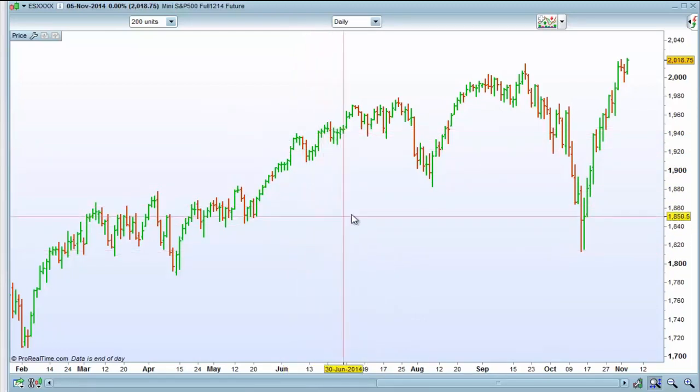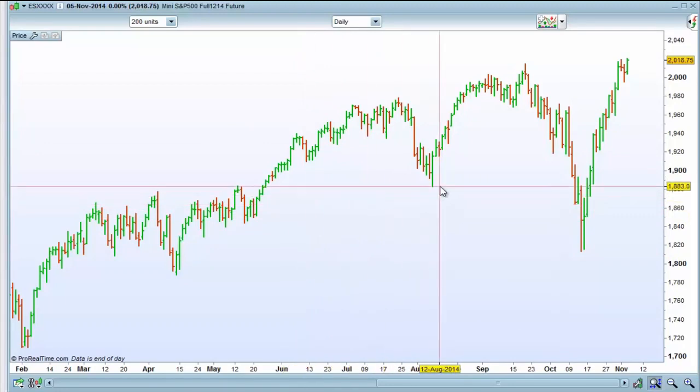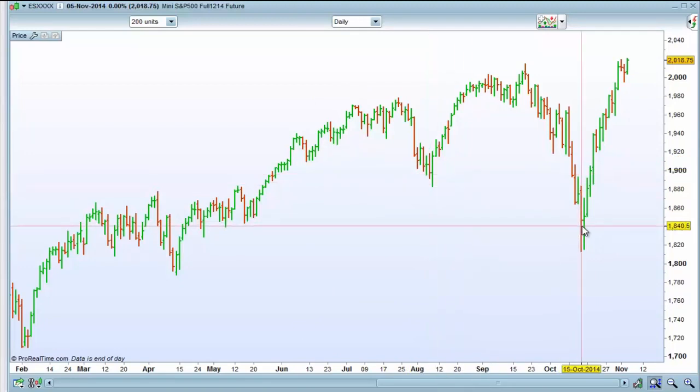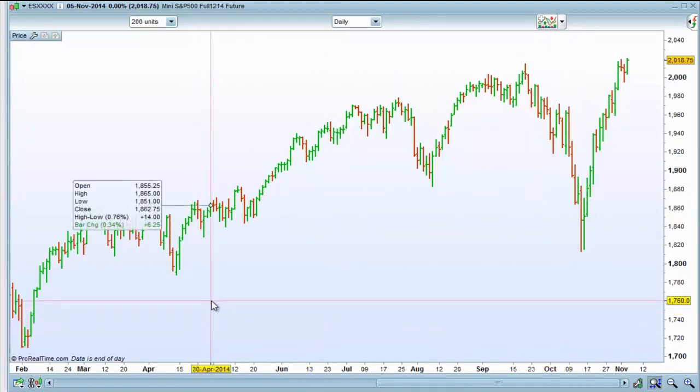ProRealTime allows you to do that, which is a pretty cool feature. So basically the green bar means today's close closed higher than yesterday's close. The red bar means today's close closed lower than yesterday's close. That's it. It's just a simple bar chart. Again, you can check that out at prorealtime.com.